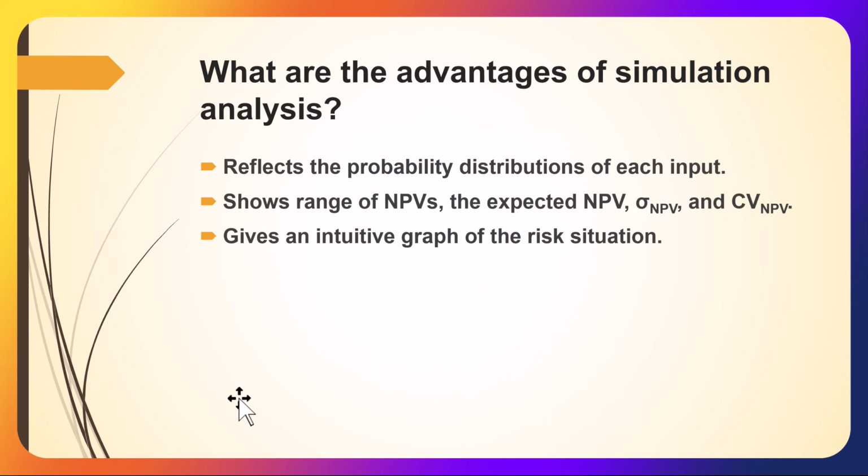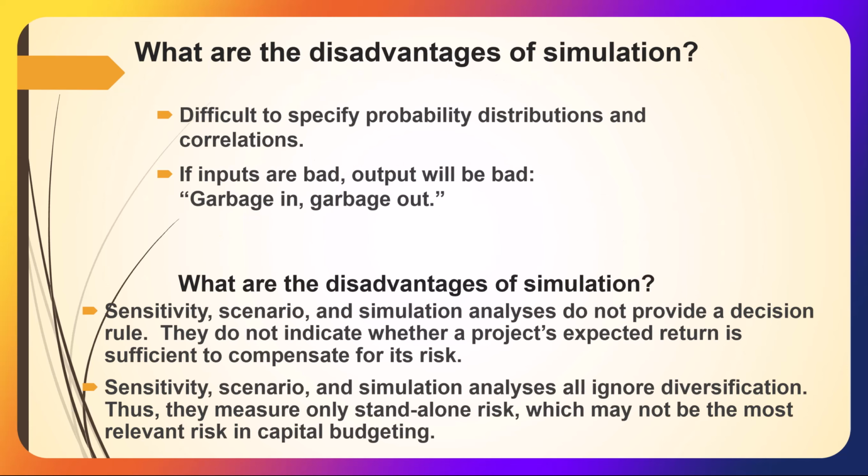So what are the advantages? It reflects the probability distributions for each input, shows the range of net present values, and gives us, again, an intuitive graph of the risk itself.